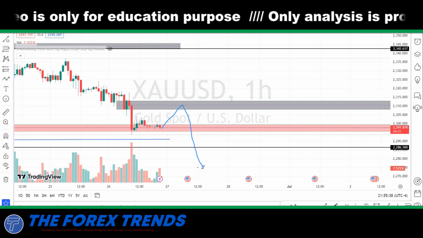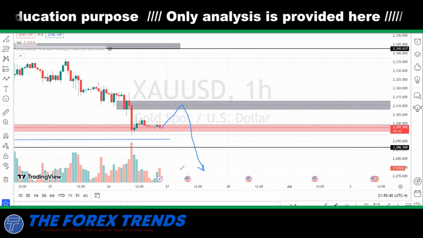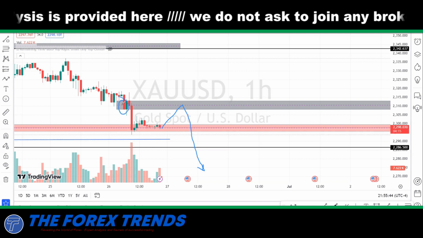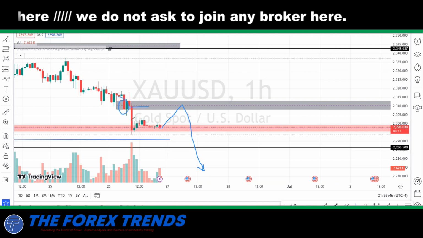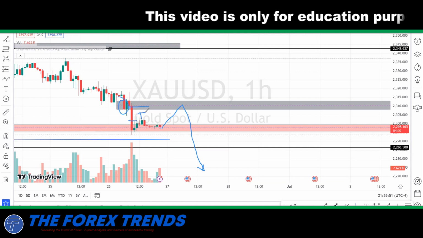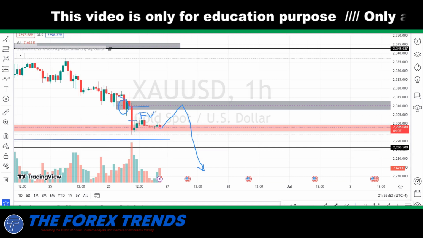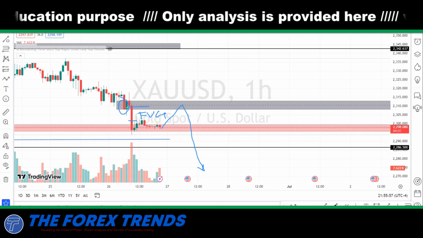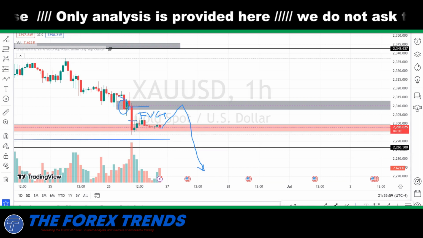It is also possible. So we will act after the release of news. It is a good order block because there is a huge fair value gap. This order block may work for us today.